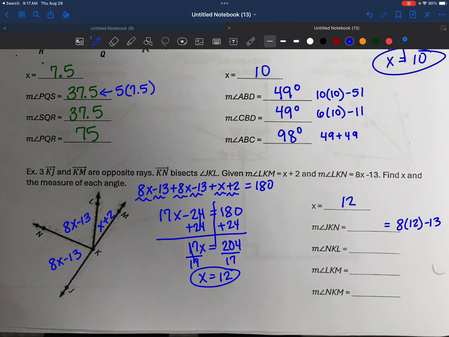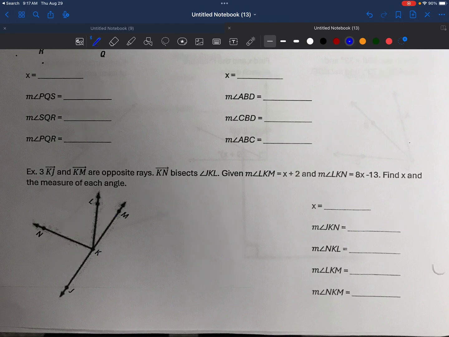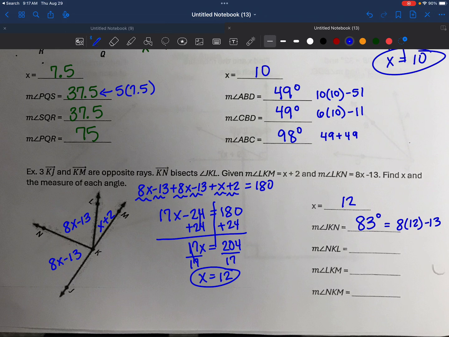Anybody got that yet? 8 times 12 minus 13? 83. 83 sounds right. And then, okay, KL, right next to it, has to also be what? 83, because we know those two are congruent, okay? So, also 8 times 12 minus 13.